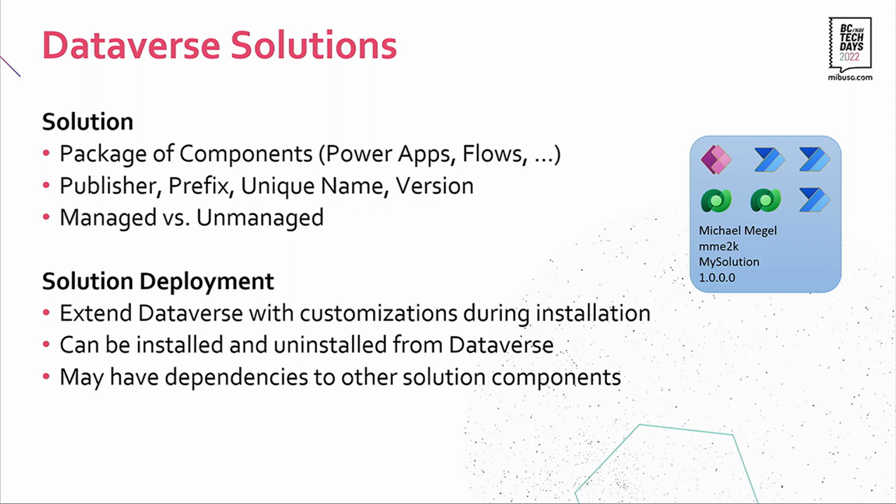Furthermore, you see here, a solution has a publisher, a prefix, a unique name, a version. Sounds to me like an app manifest. In Dataverse, it is called a solution manifest. So you describe your solution to others. Mostly not known to those who start with Canvas apps and Power Automate flows. It was also not known to me, until someone told me, use a solution to transport everything.